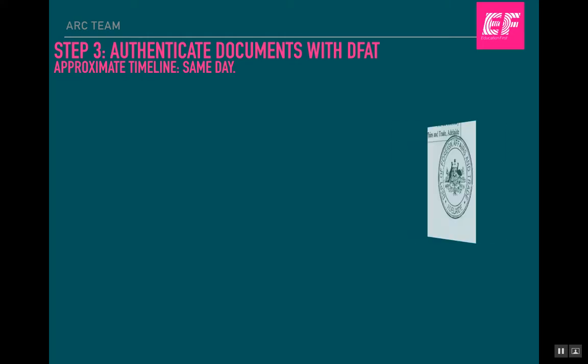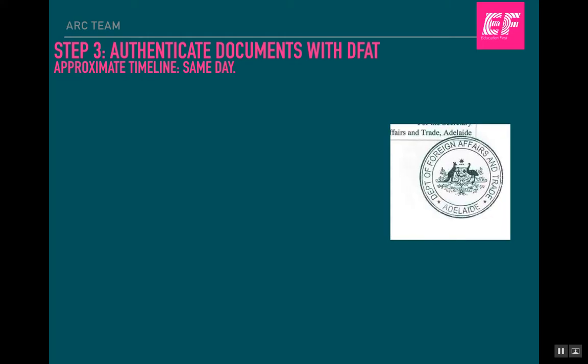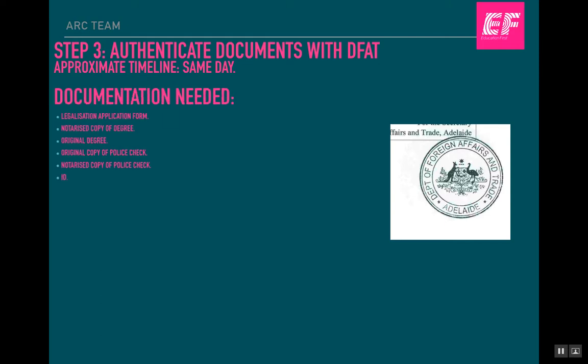Okay, so step three, authenticate your documents with DFAT. The approximate timeline for this is also same day. This symbol that's just flipped around here is the authentication stamp from DFAT, the Department of Foreign Affairs and Trade. The documentation that you need: a legalisation application form, which can be found on the DFAT website.